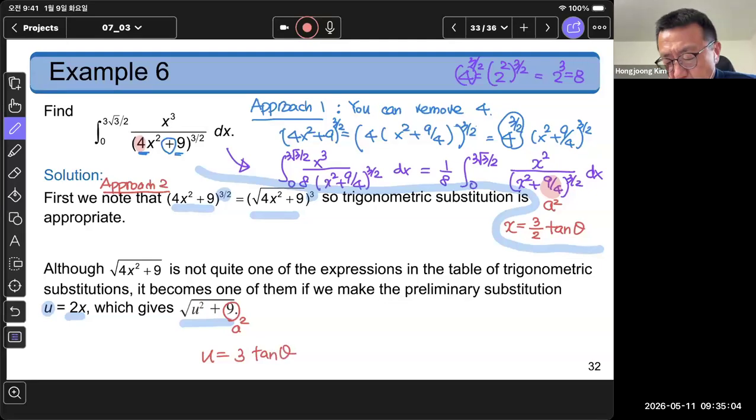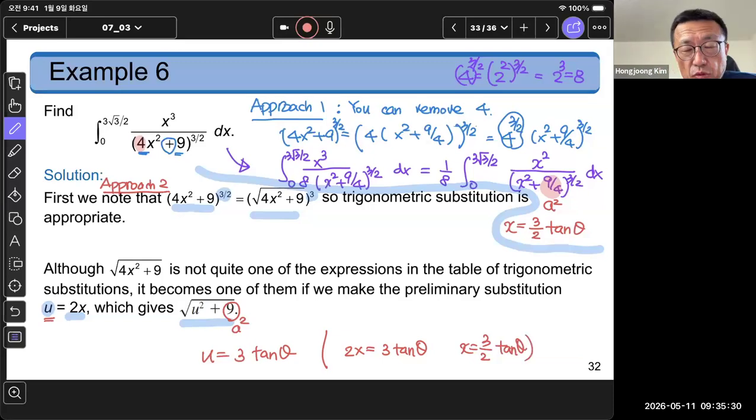So, okay, that will be the substitution we need to perform. But if you remember that u was a dummy variable to introduce 2x, then 2x equals 3 tangent theta. So x will be 3 half tangent theta. So you get the same substitution.